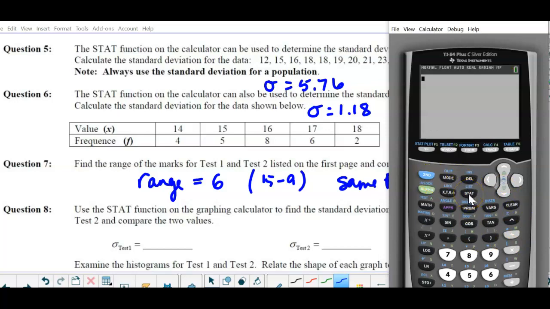So we're going to go stat, calculate, one variable stats, and for the first test, that was in L1, and the frequency was in L2. We found the mean to be 12, right? We did one variable stats. We could have just recorded the standard deviation then, but I didn't. So in this case, it's 1.73.